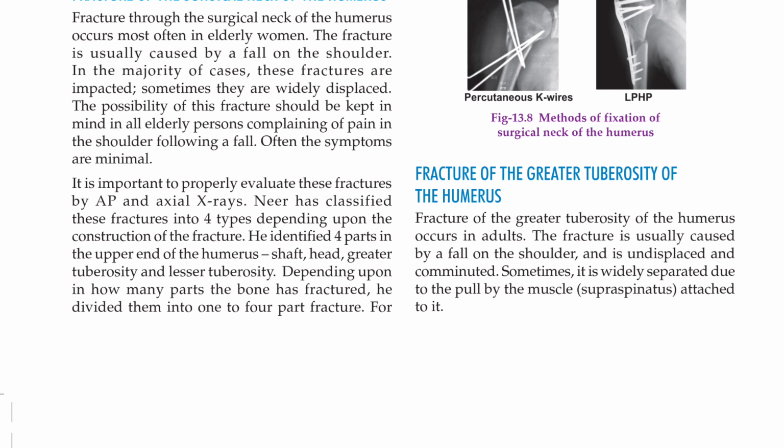Fracture of the greater tuberosity of the humerus occurs in adults, जवान लोग में होता है. The fracture is usually caused by a fall on the shoulder, and is displaced and comminuted.